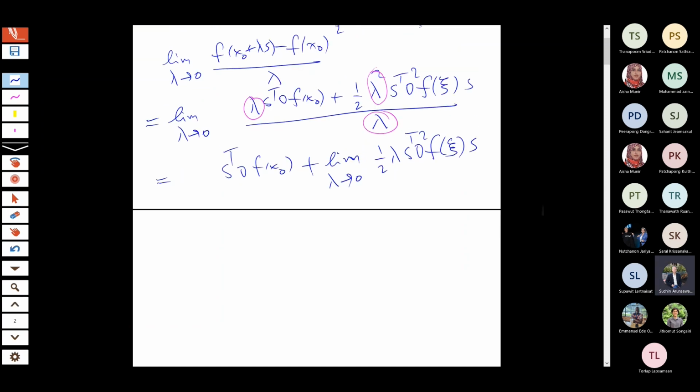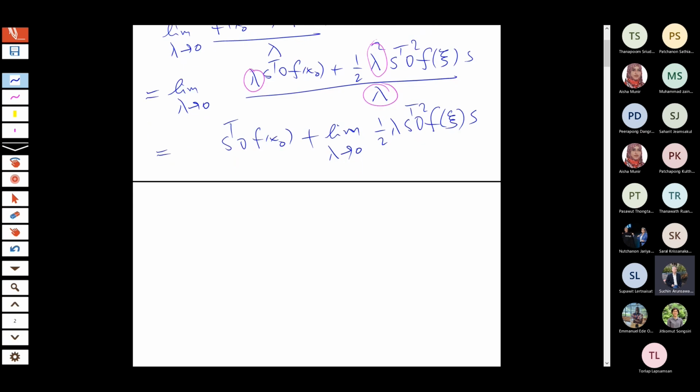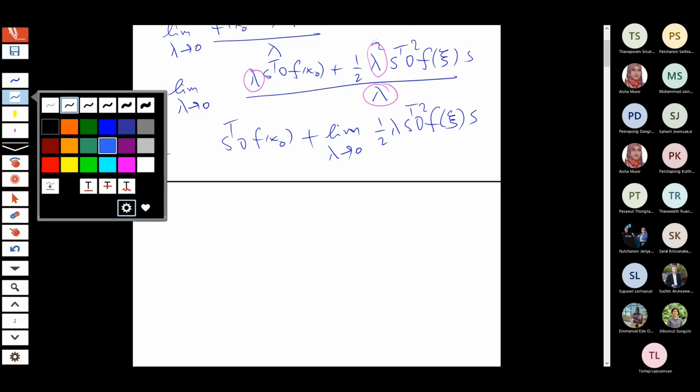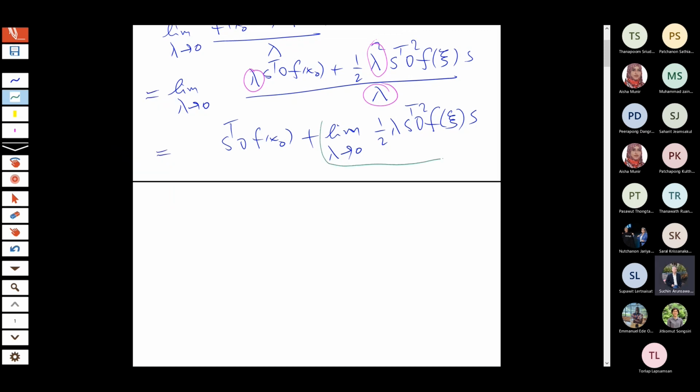Now you can see that because we have one lambda here, the second term, as lambda approaches 0, vanishes, because it is multiplied by something that goes to 0. The second term vanishes.